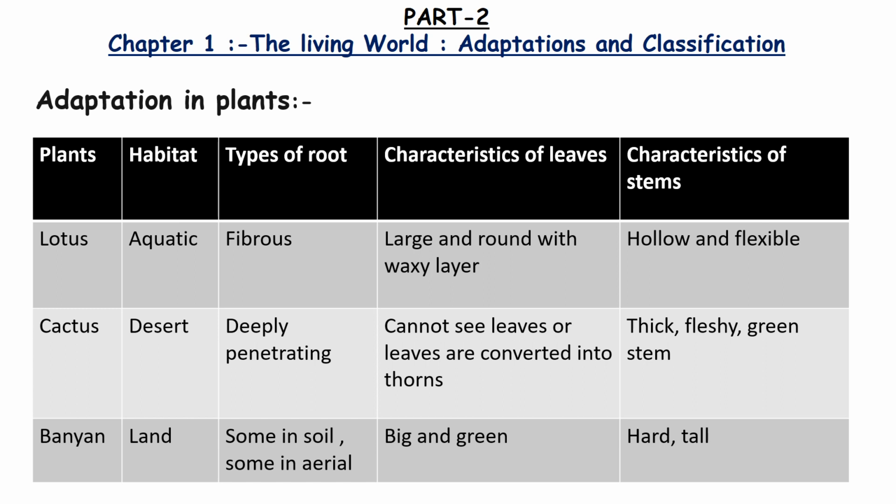So, some columns you can see in this chart such as plants, habitat, types of root, characteristics of leaves and characteristics of stems. Okay. According to the plant, we will see all these things in this chart.